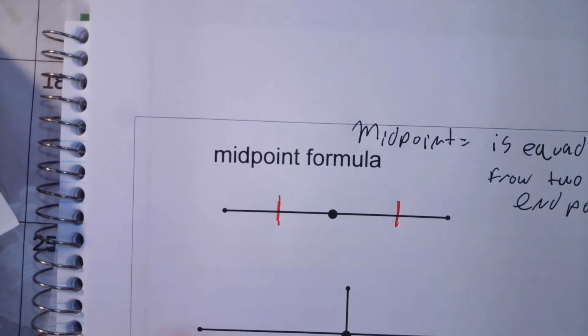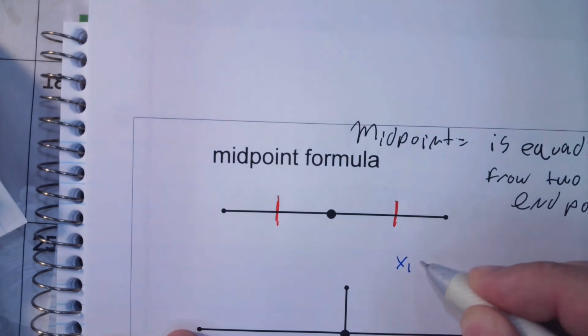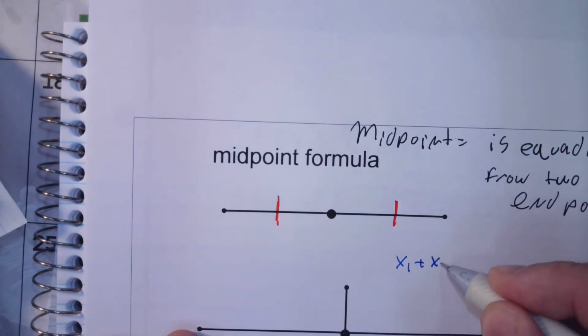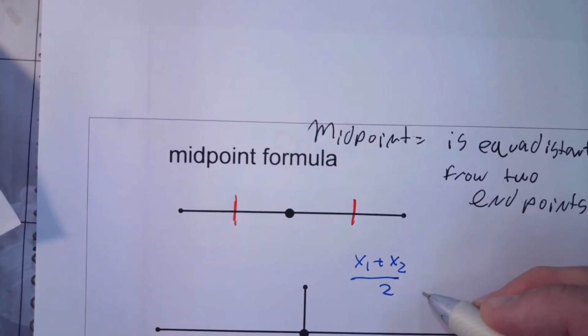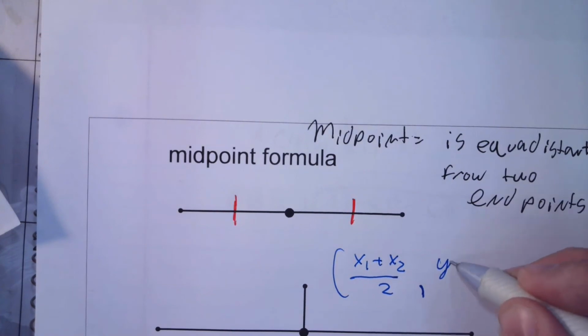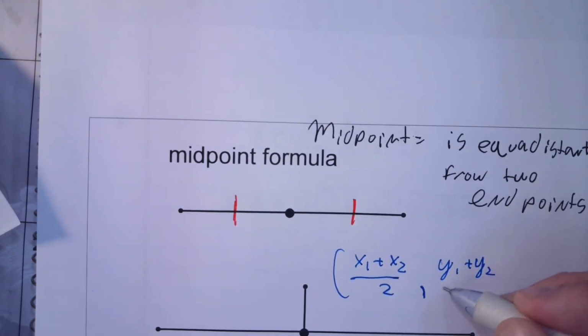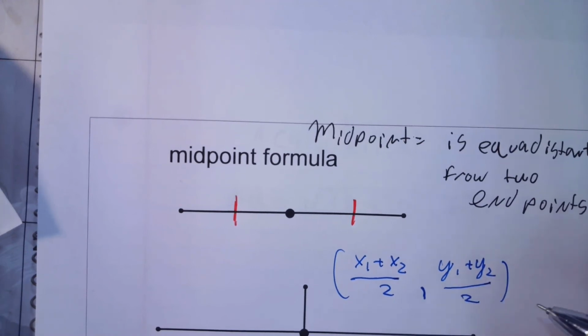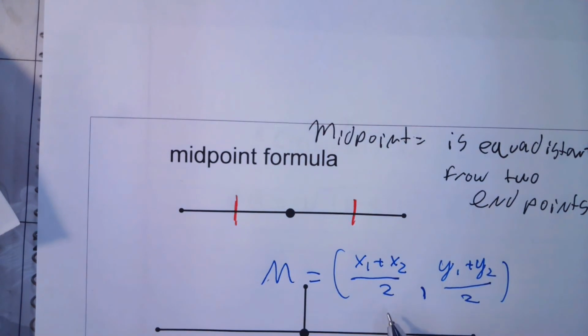I need a different color. x1 plus x2 divided by 2, and this is a comma, y1 plus y2 divided by 2. This is going to give us a point, right? So the midpoint is this.